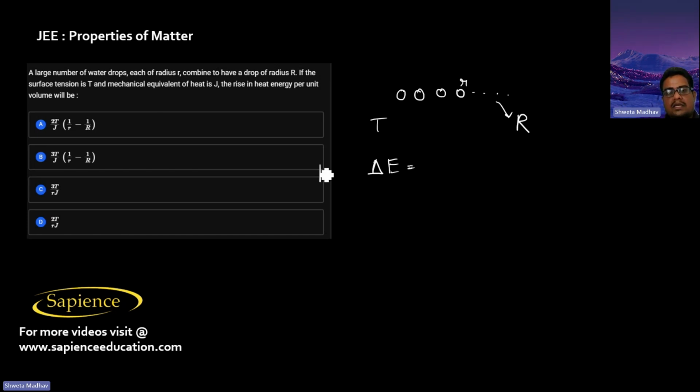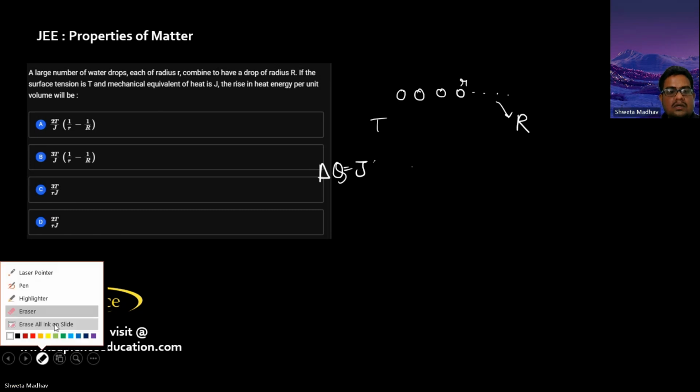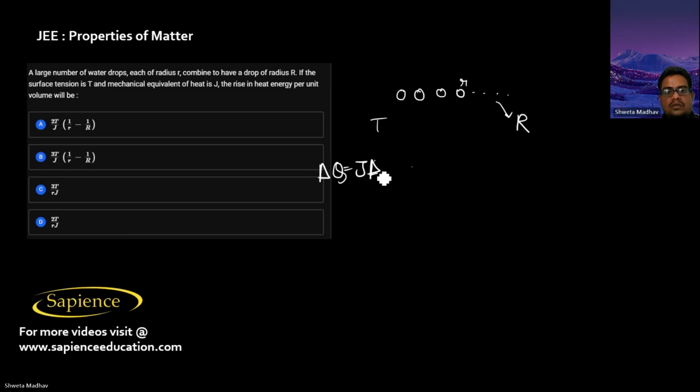So the heat energy, delta Q, will be equal to J times the work done in decreasing the surface area, which is equal to J times T delta A, where delta A is the change in the surface area.